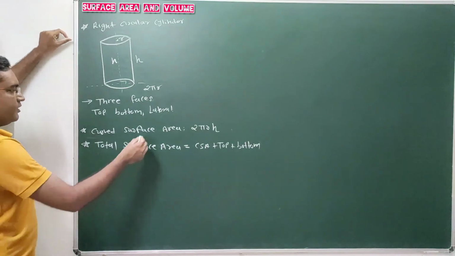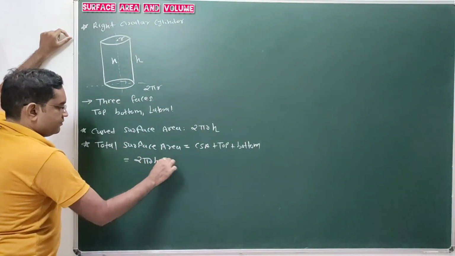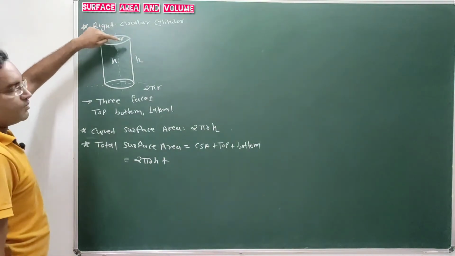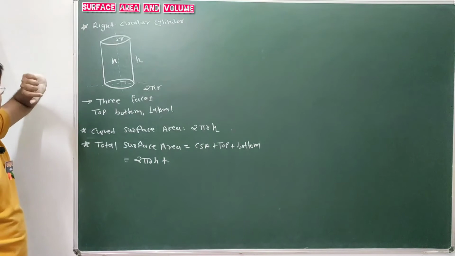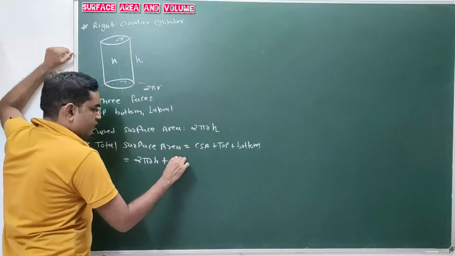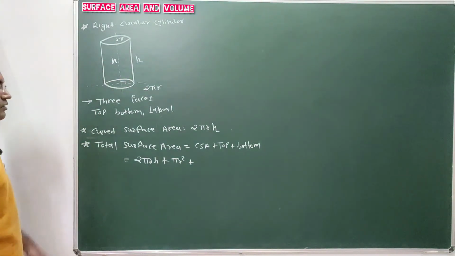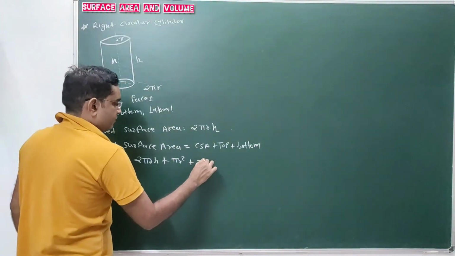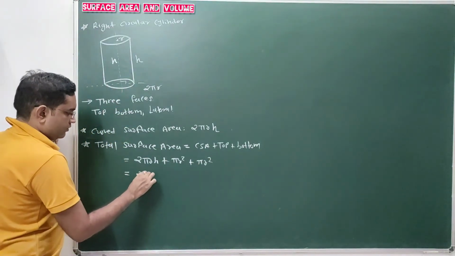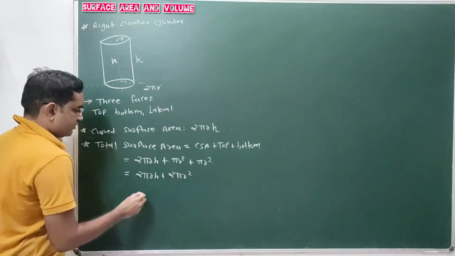Curved surface area is given as 2 pi r h, plus the top part of this cylinder is nothing but a circle with radius r, so it's pi r square, plus the bottom part is also a circle with radius r, whose area is pi r square. So this is equal to 2 pi r h plus 2 pi r square.